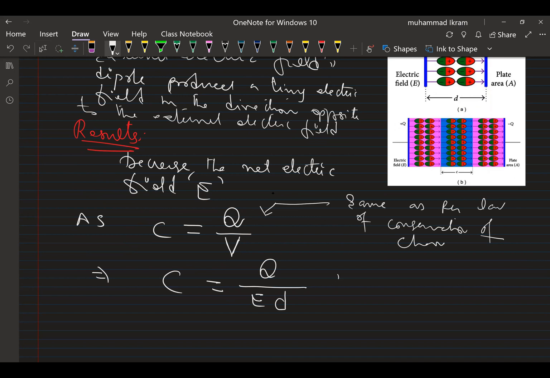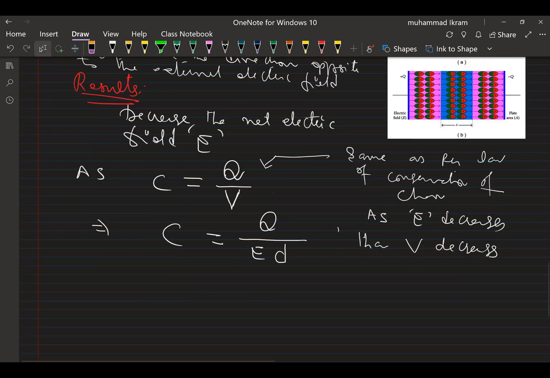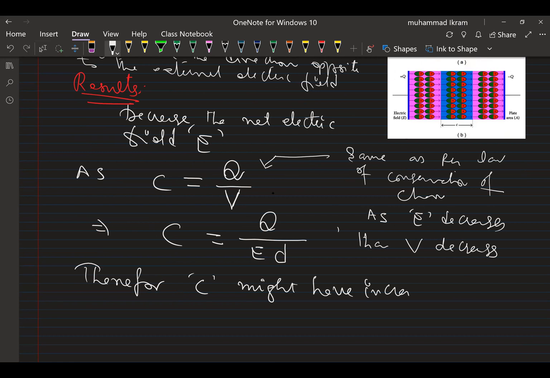As E decreases, V decreases, and therefore C might have increased. So this is one of the reasons: because of the electric polarization, the net electric field E decreases. If E decreases, V decreases. Since Q is the same, C might have increased.